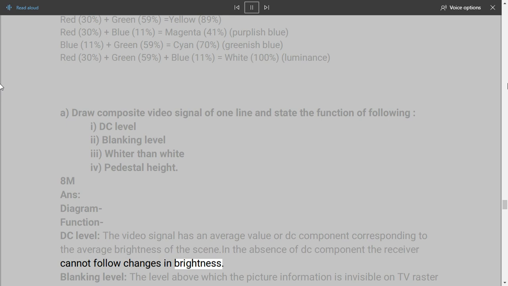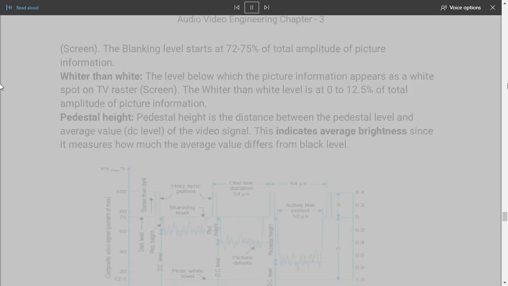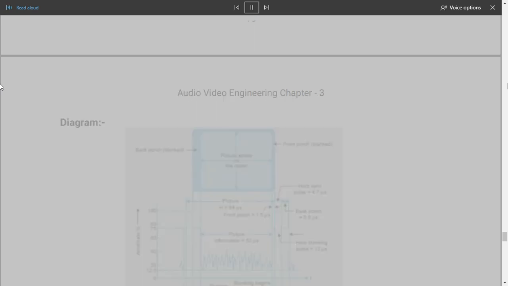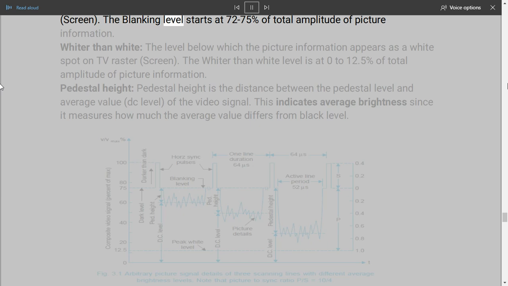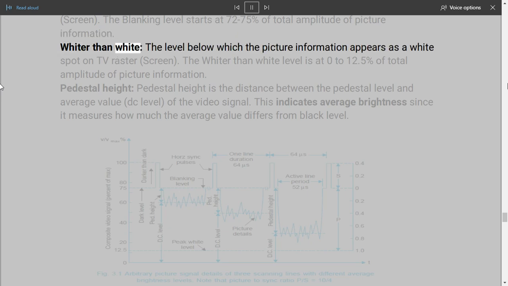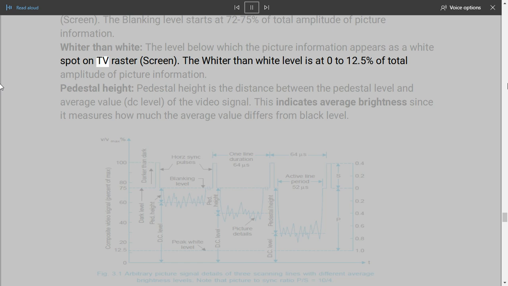Blanking level: the level above which the picture information is invisible on the TV raster screen. The blanking level starts at 72 to 75% of the total amplitude of picture information. Whiter than white: the level below which the picture information appears as a white spot on the TV raster screen.